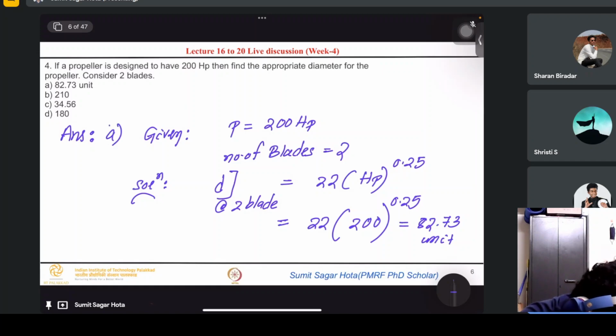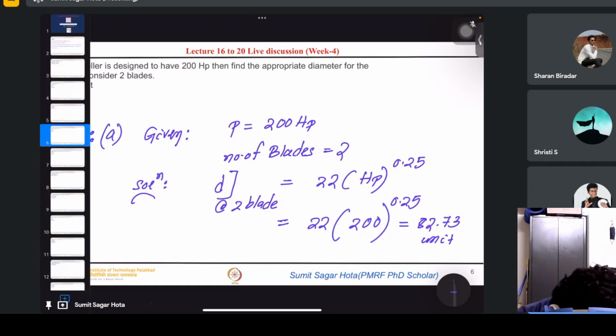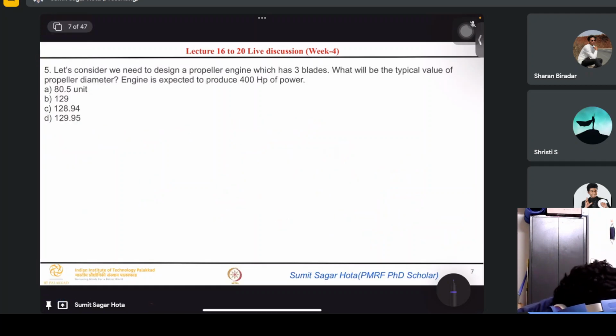Next question. Let's consider we need to design a propeller engine which has 3 blades. What will be the typical value of the propeller diameter? The engine is expected to produce 400 horsepower.